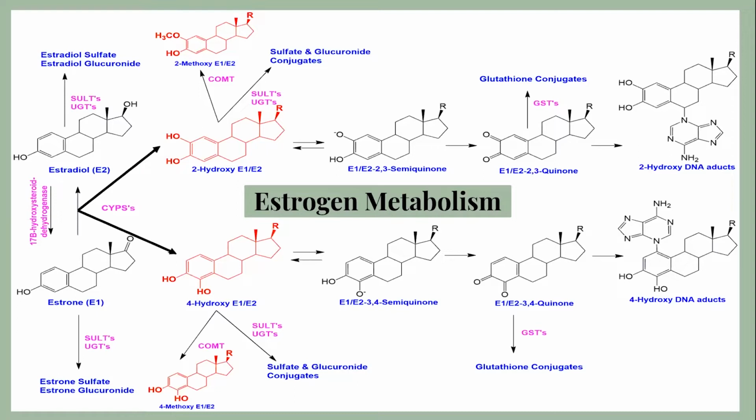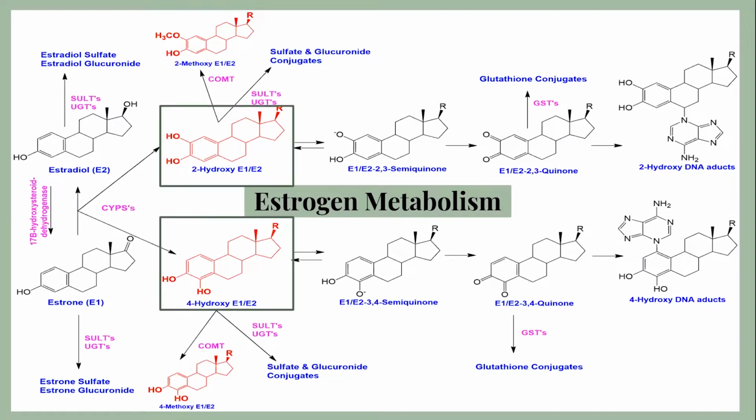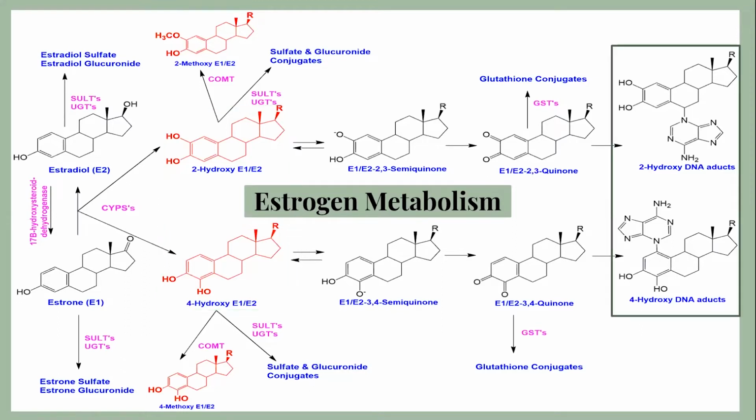Estrogens can be hydroxylated to form catechol estrogens with the help of different cytochrome P450 isoforms. These catechol estrogens are defined as carcinogenic because they lead to the formation of quinone DNA adducts that may induce DNA damage.